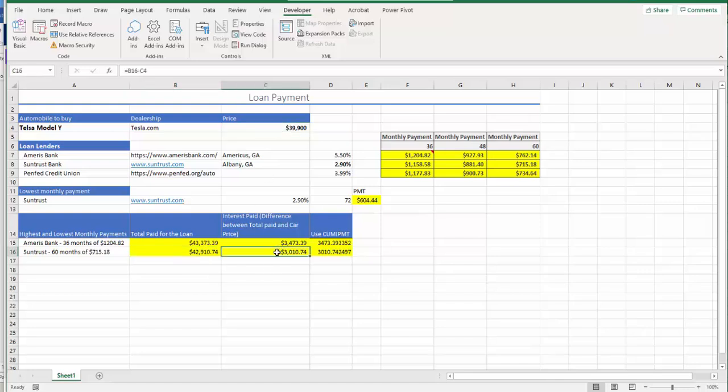If you found that, then using CUMIPMT, I want to confirm whether this interest paid we just found is correct. Okay, so that's basically what we have. I went through pretty quick, but if you have any questions, let me know.